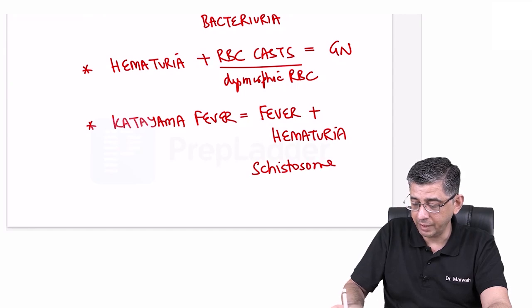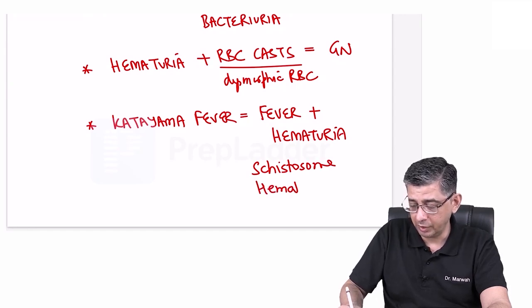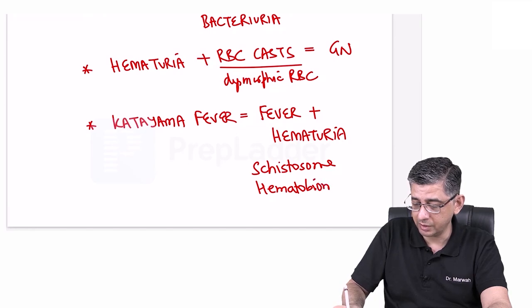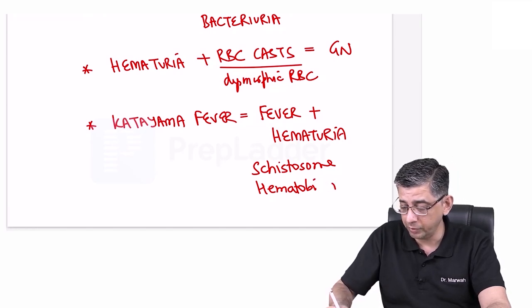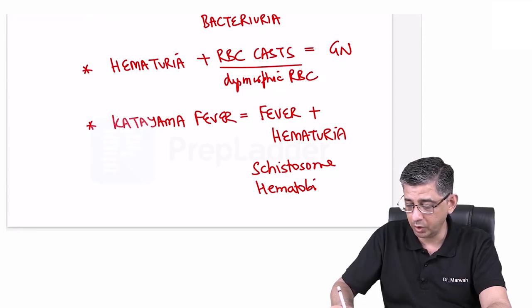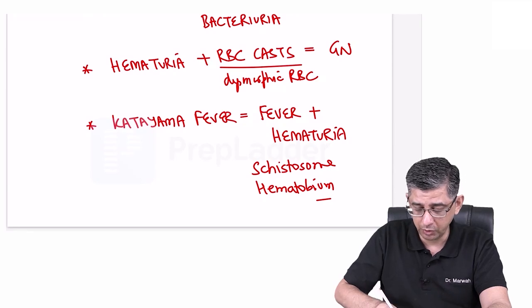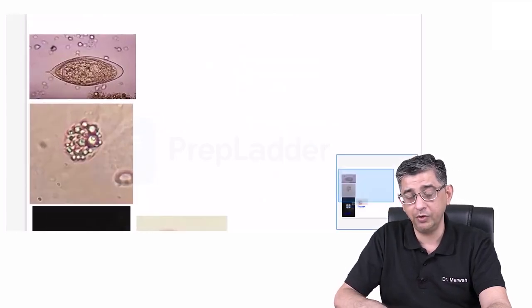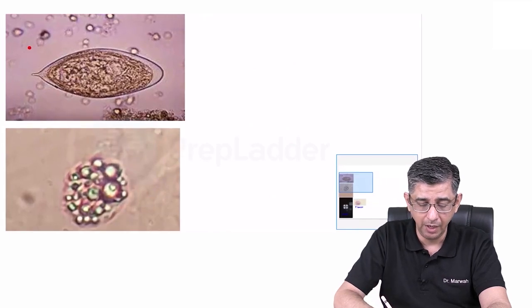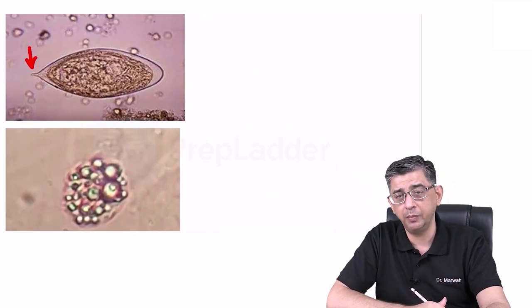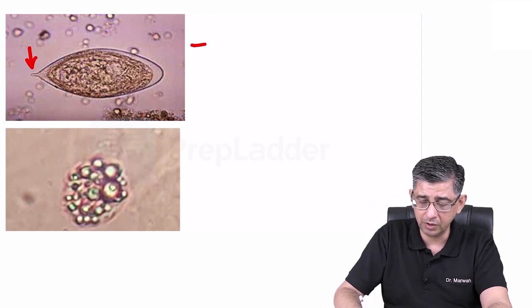And what they mentioned in the exam was, or there was an image based question that students actually hand drew before me post exam, showing me the egg of Schistosoma haematobium. And once I show you the shape, you would recall that you have already seen this in your microbiology discussion, that this would be having a terminal spine present. So you can just remember if you are comfortable with this.